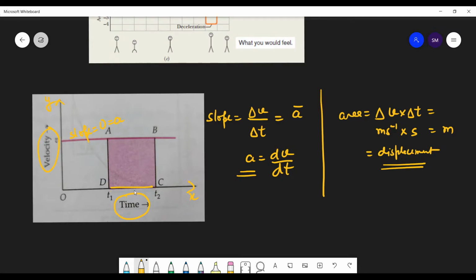Now in a small time you are moving with this velocity, so this much displacement. Now again with a small time, this much displacement. Again with a small time, this much displacement, right? And adding all these displacements.